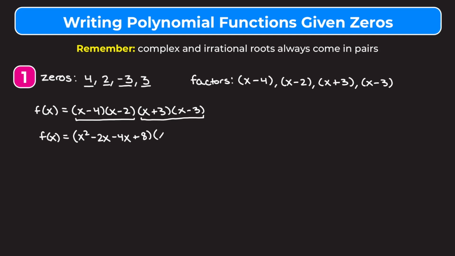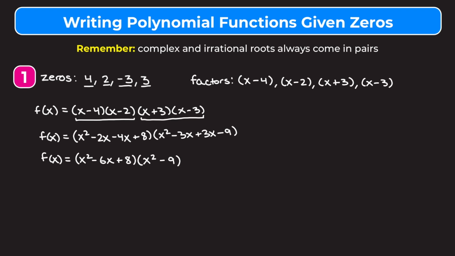We're going to FOIL. We're going to get x squared minus 3x plus 3x minus 9. And now we're just going to simplify. So we're going to combine -2x and -4x. We're going to get x squared minus 6x plus 8. And the -3x and positive 3x are going to cancel out in the right set of parentheses. So we're going to be left with x squared minus 9.